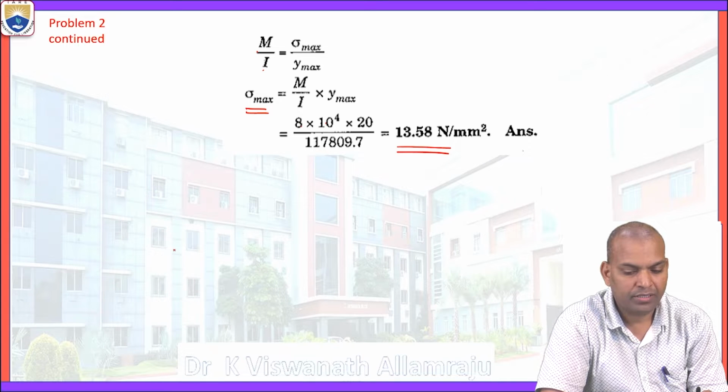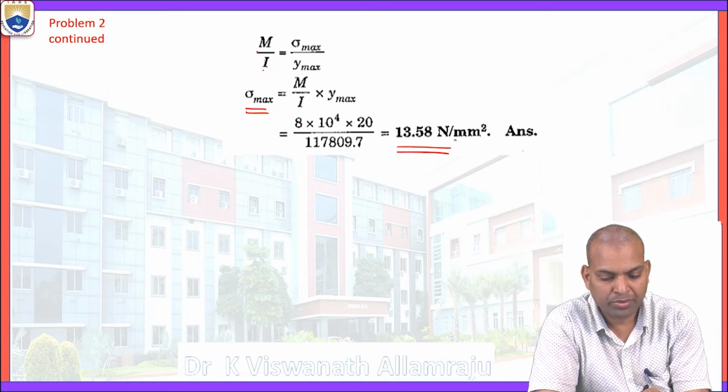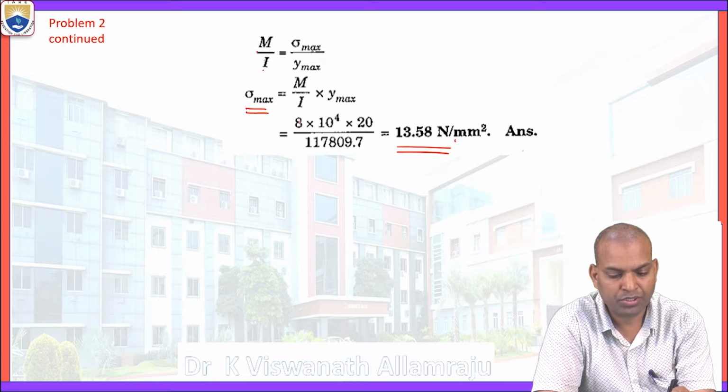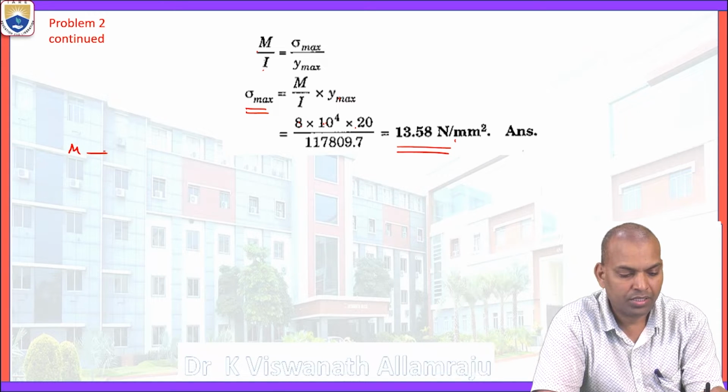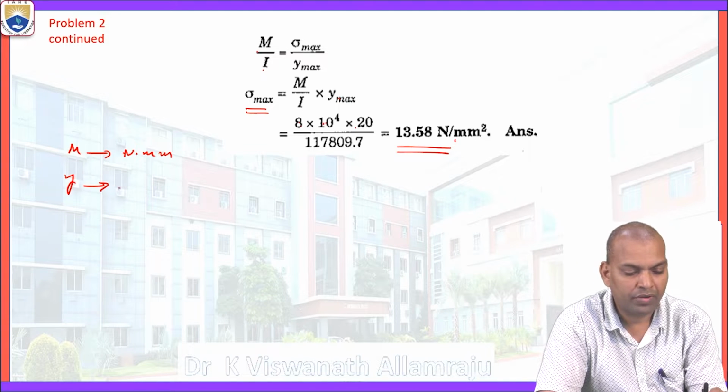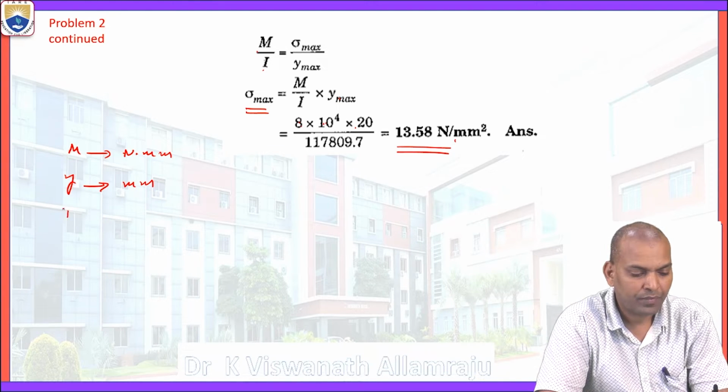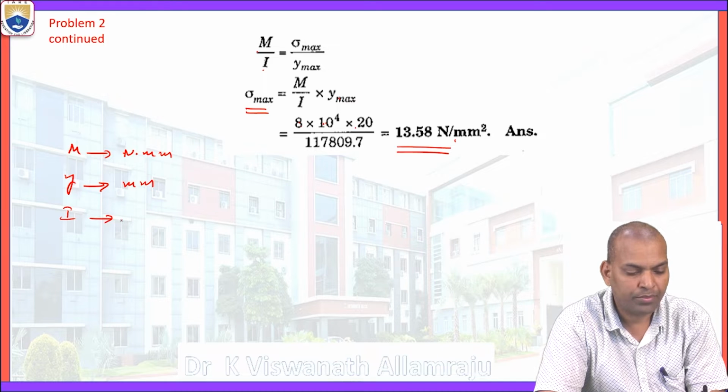Why is it Newton per square millimeter? M is in Newton millimeters, y is in millimeters, and the area moment of inertia is in millimeter to the power 4.